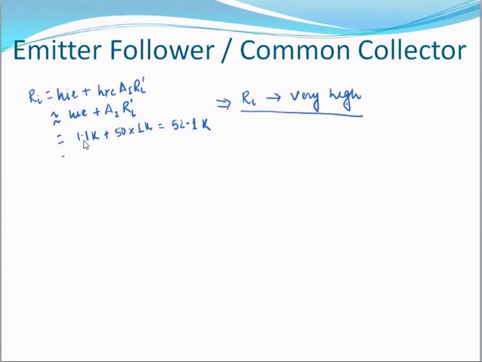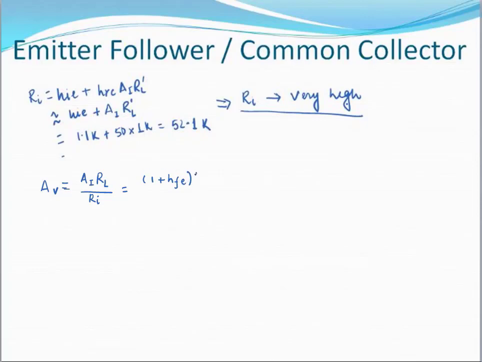Further we can evaluate the value of voltage gain AV is equal to AI RL by RI. Here we have already got the value of AI, that is 1 plus HFE.